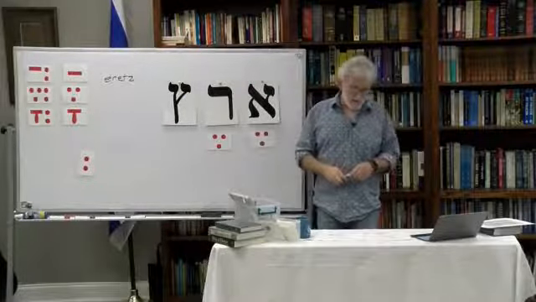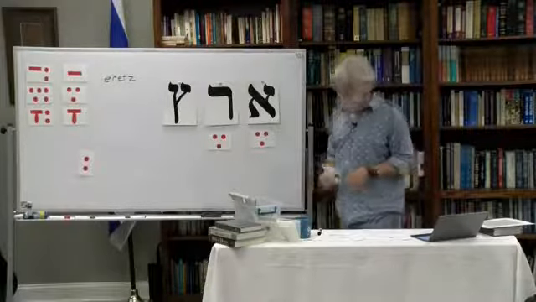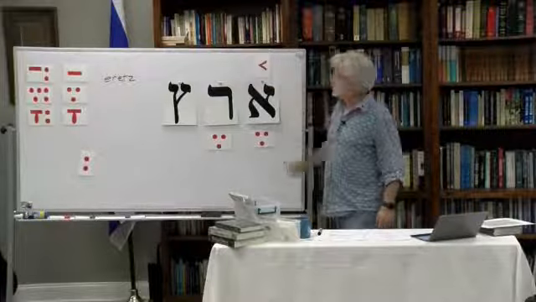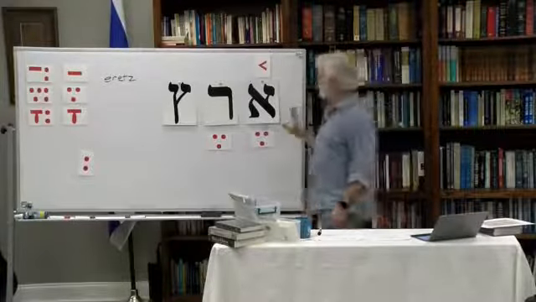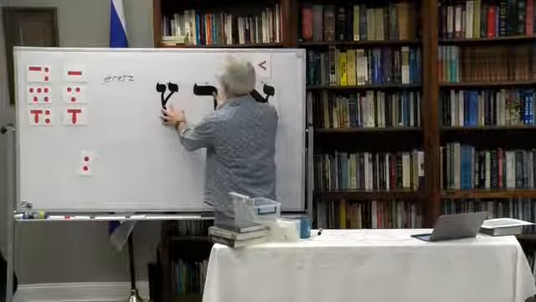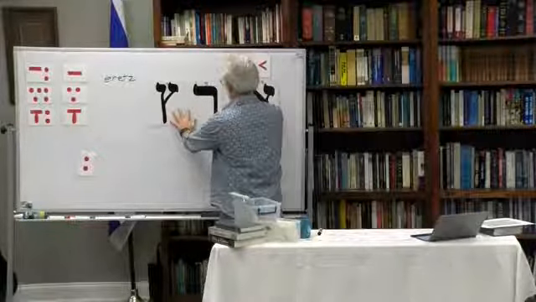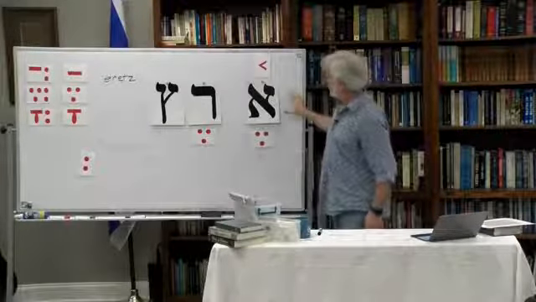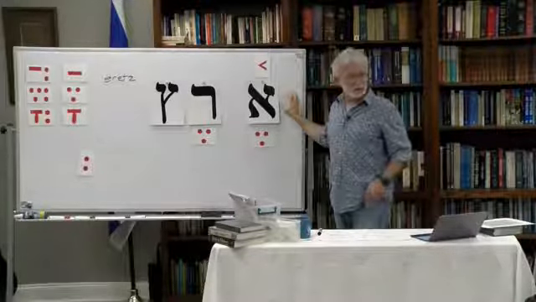Now, what I wanted to show you is that this particular word is stressed not on the final syllable. I'm going to create a little space here so we can separate the two syllables. Syllable 1 is open, right?